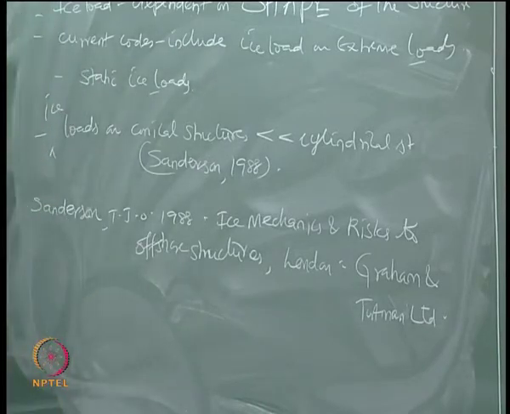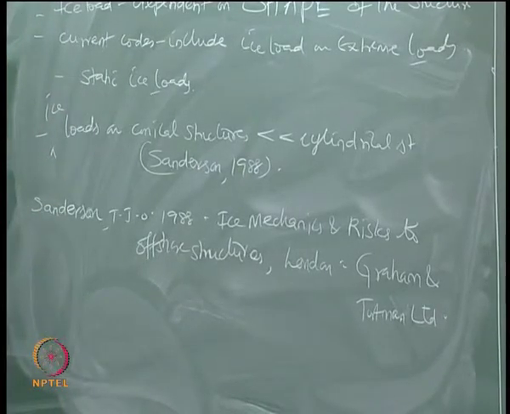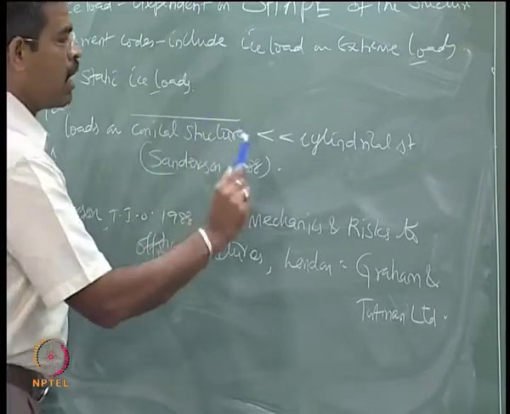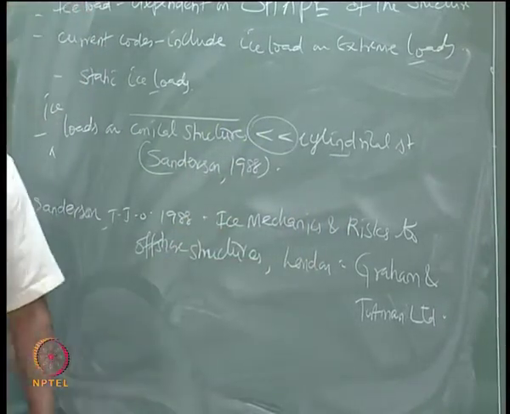So, Sanderson showed from his studies that ice loads on conical structures are far lesser than that of cylindrical shaped structures.